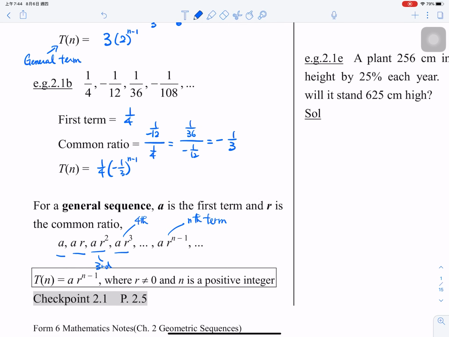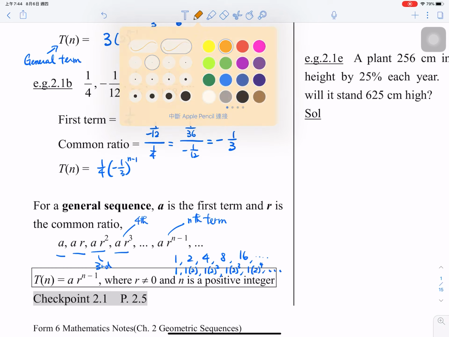For example, just now, 1, 2, 4, 8, 16, and so on. This actually comes from 1, then 1 times 2, 1 times 2 squared, 1 times 2 cubed, 1 times 2 to the power 4. Can you see?